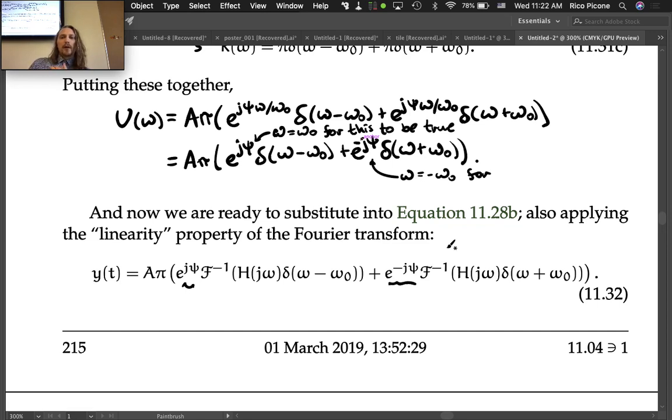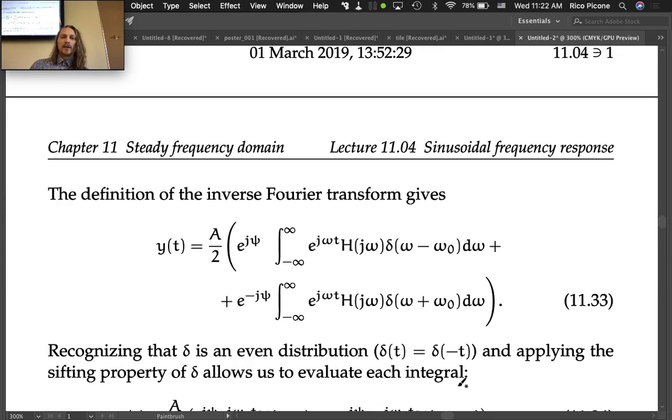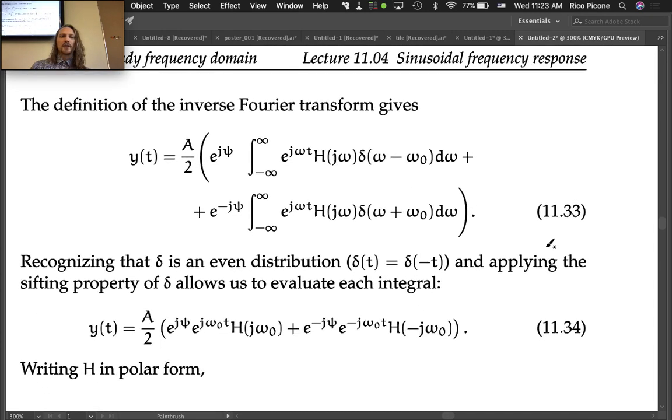Great. So now we've got this expression here, and the definition of the inverse Fourier transform, just plugging in the integral definition, is this. So we've got two integrals, two inverse Fourier transforms here. It's getting to be a pretty long expression.